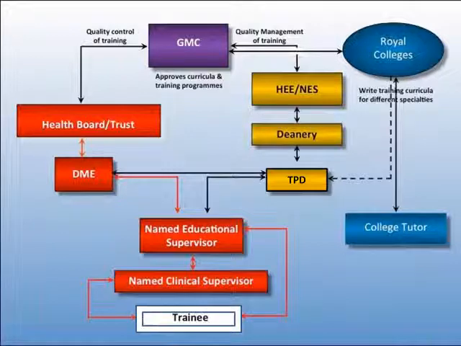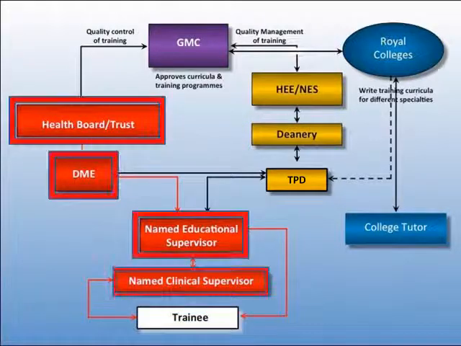The roles in red, illustrated here, are roles within an individual trust. The clinical supervisor is the person who keeps an eye on your clinical work during a particular placement. For example, there may be a named clinical supervisor for the trauma unit of training, whose job it is to sign off trainees for their trauma module if they have met their core competencies.